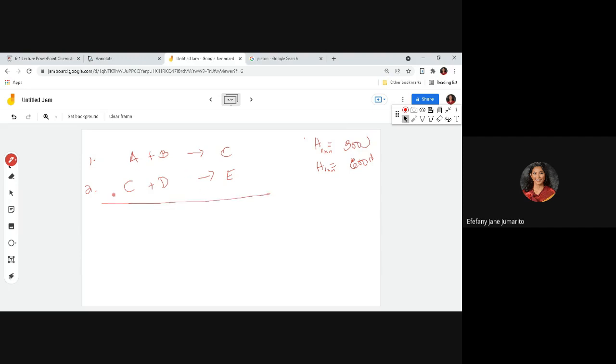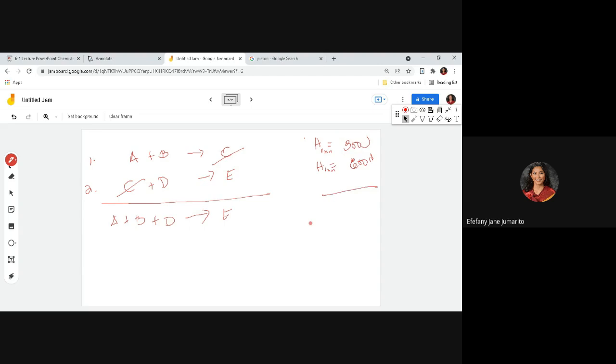So what is the product? Write the final, overall equation. If we have reaction 1 and reaction 2, step 1, step 2, we cancel C, so we have A plus B plus D, which will yield E. In Hess's law, the energy needed to produce this overall reaction is the sum of the individual step energies.